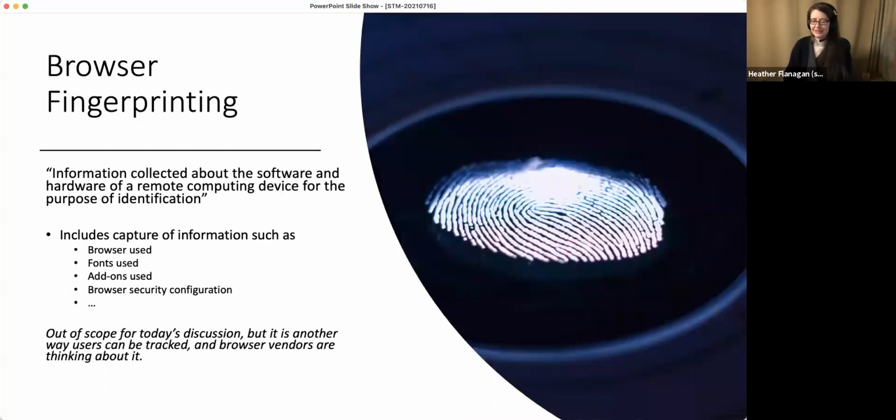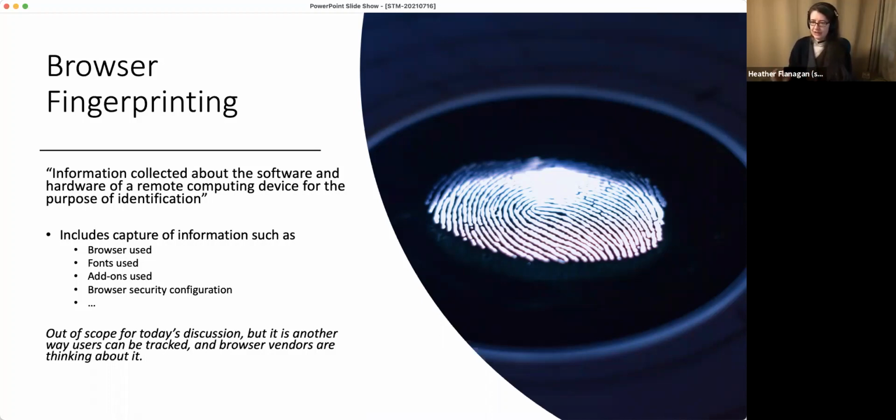Browser fingerprinting. So I'm not going to go into a lot of detail on this one, but it is another way that is used by trackers to figure out, are we looking at probably the same user going from site to site? Your device, your browser is probably configured in a certain way. So I tend to use Firefox. I tend to have specific themes.